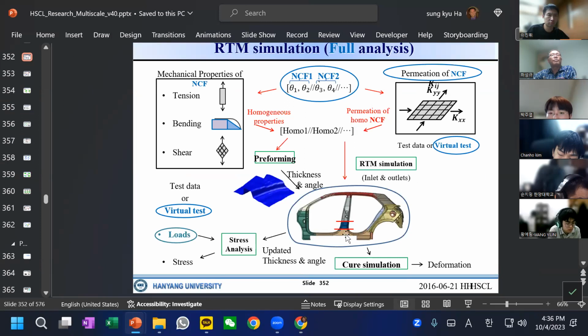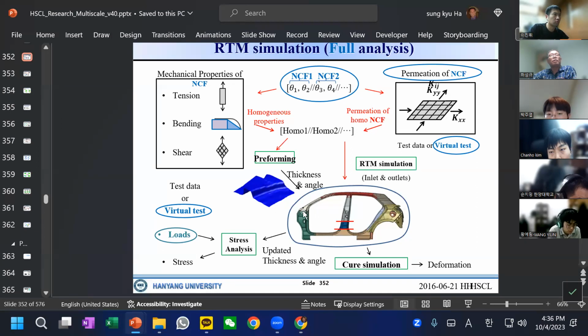This is the simulation, this is the composite side. In automotive, we have the A pillar, B pillar, and C pillar. Usually we make this whole part as one piece. How do we make the one piece?